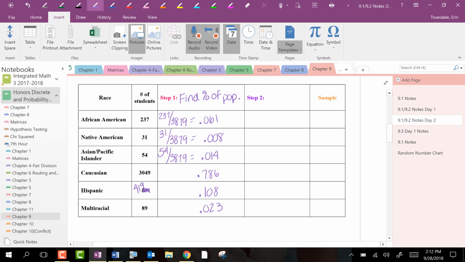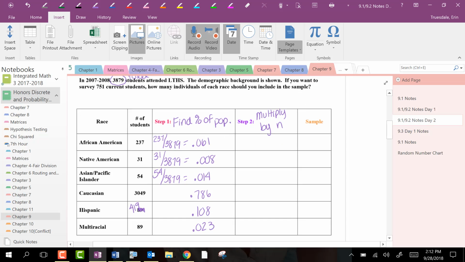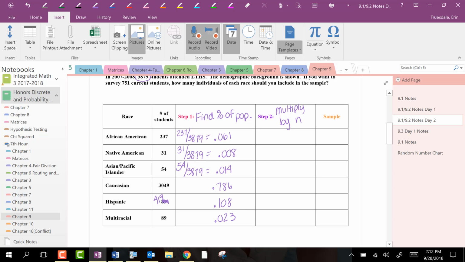Okay. So then in step 2, we're going to multiply that percent by n, the number that we want in the sample. So it should still be 6.1% of that 751 students.